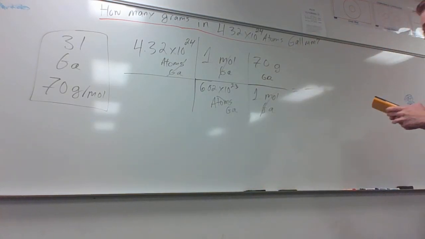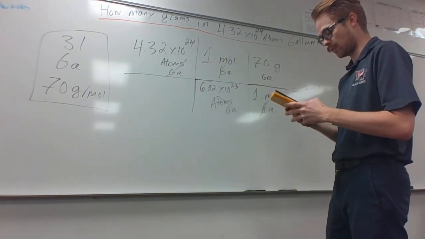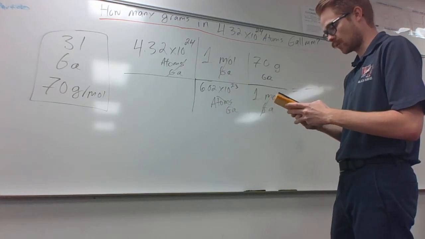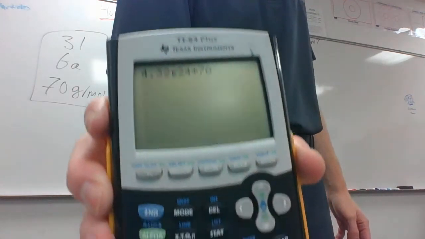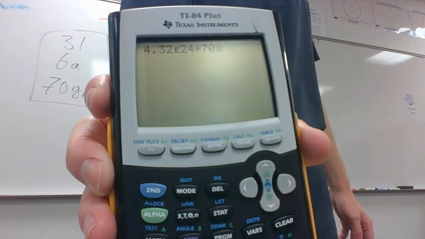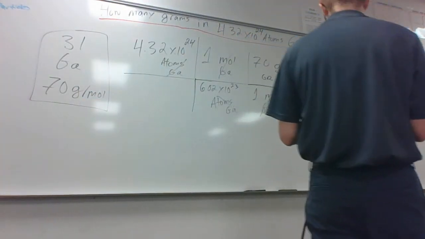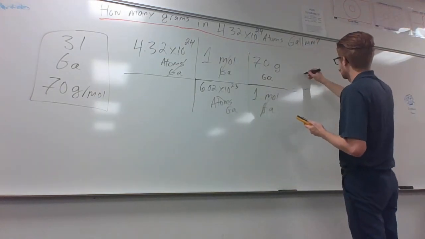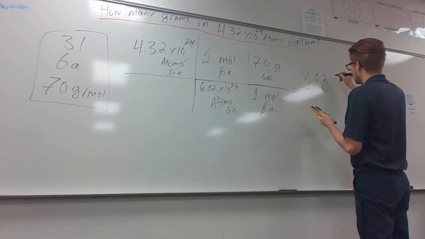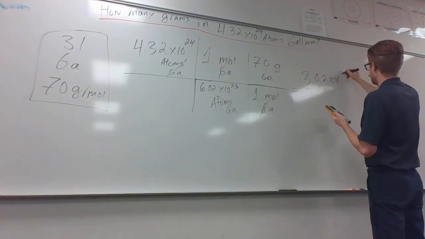Now we need to multiply the top first. 4.32 e to the 24 times 70, so that's what it's going to look like in your calculator, gives us 3.02 times 10 to the 26th.